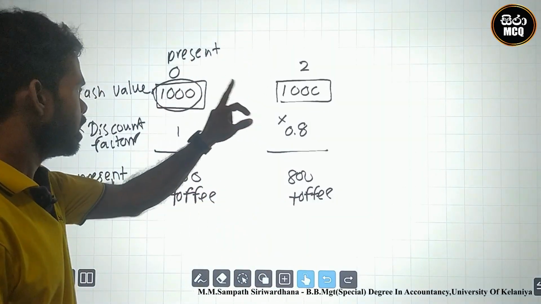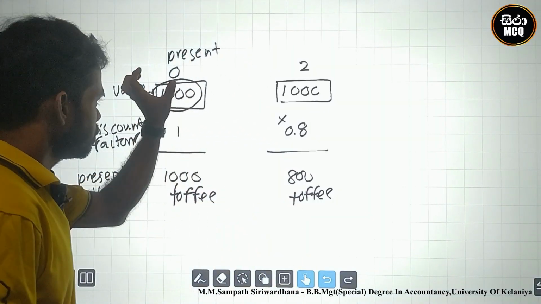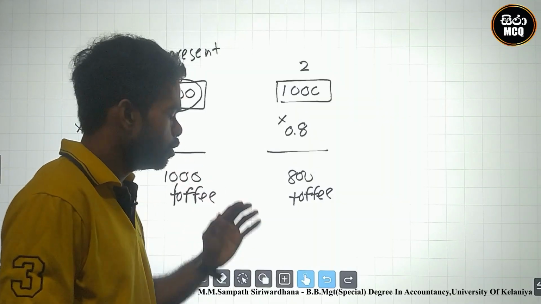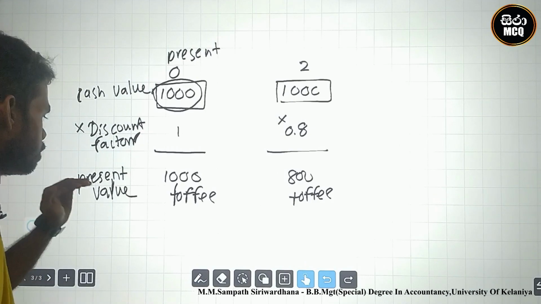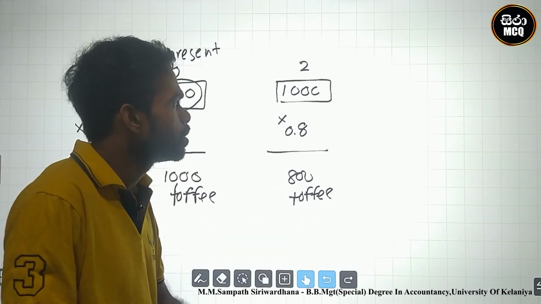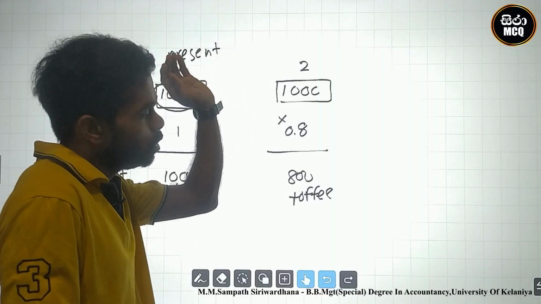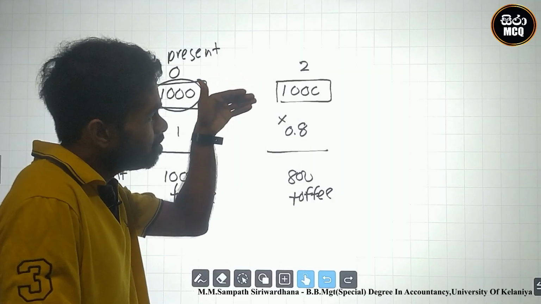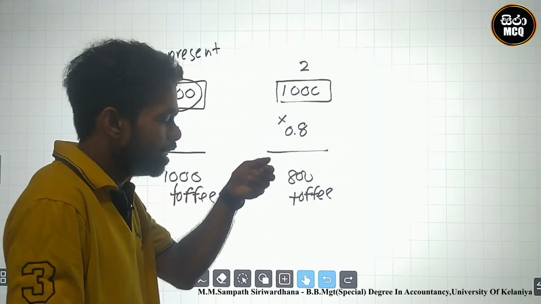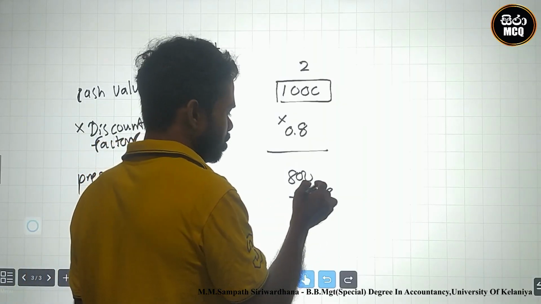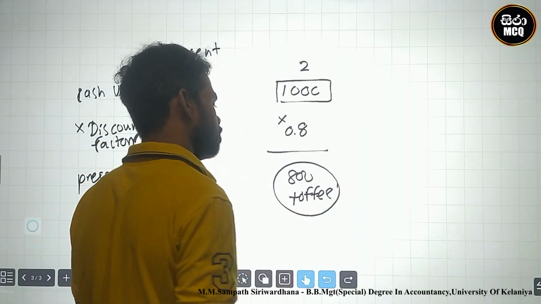It is the same cash amount, but presently if you receive 1,000 rupees of cash, you can get 1,000 toffees. After 2 years, you get a 1,000 cash note, then go to the shop and get toffees. The present value is 800 toffees.